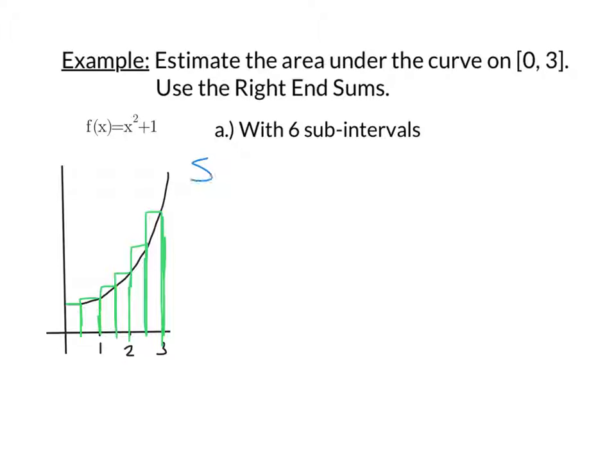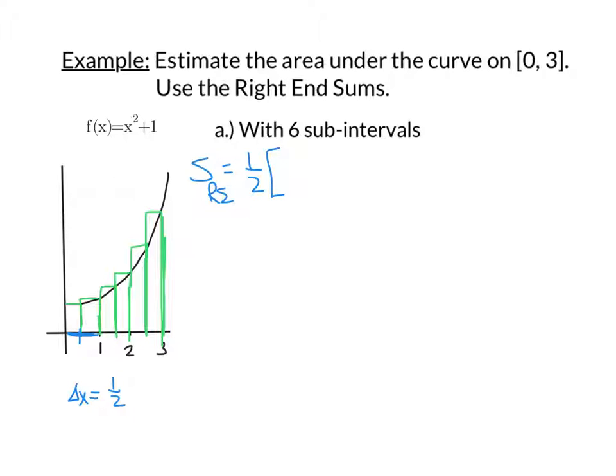In order to find the sum of the right ends, we're going to find the area of each of these rectangles and add them together. This time our delta x is not 1 because we took that distance of 1 and cut it in half. So now our delta x is 1/2. That's the base of each of those rectangles.